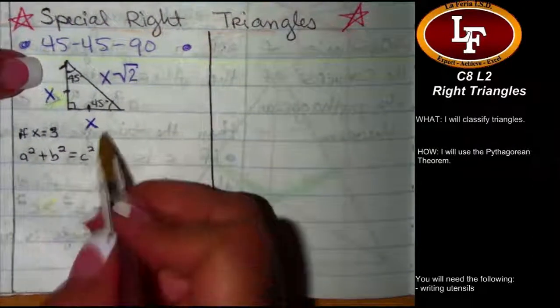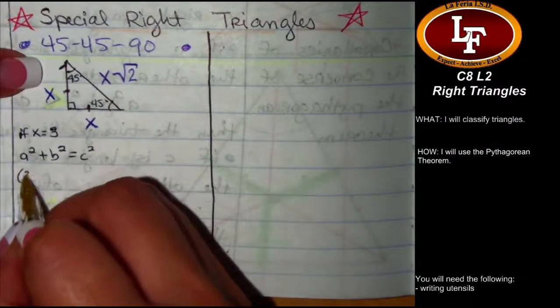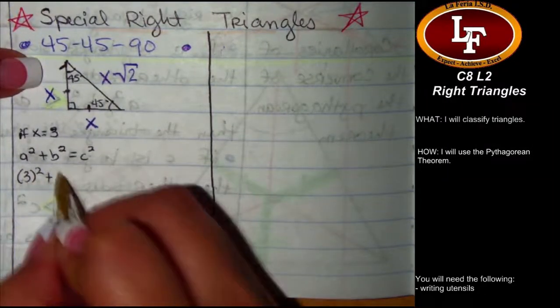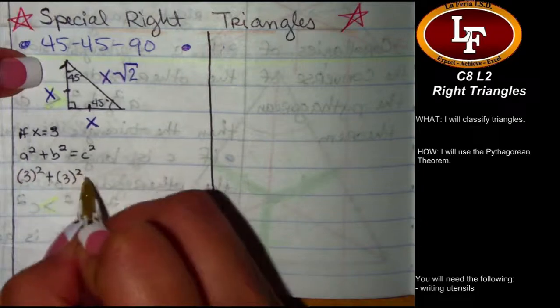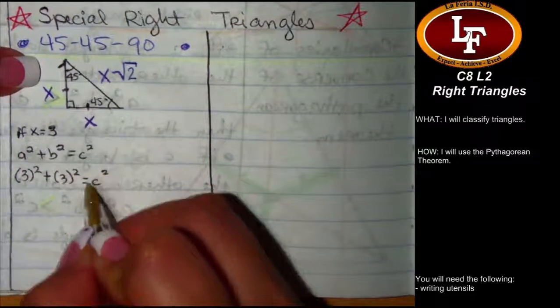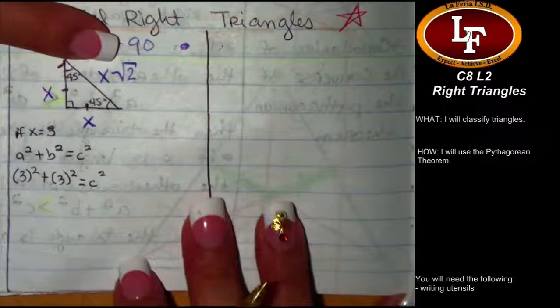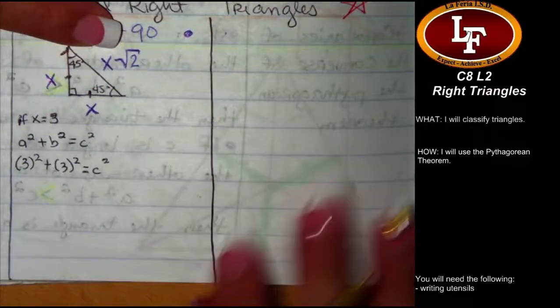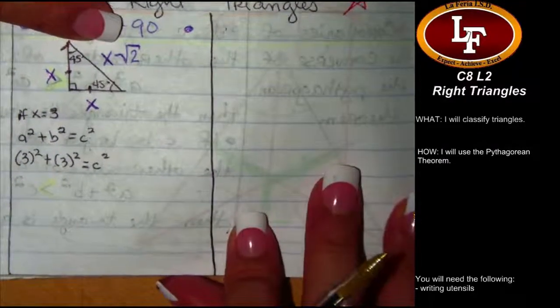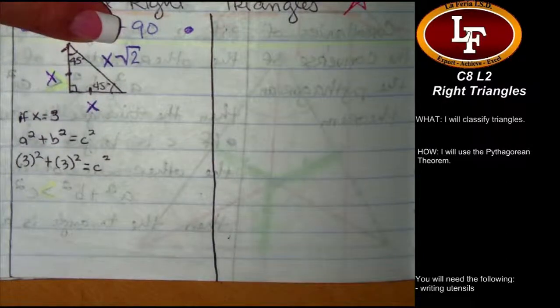A and b are my legs, so we're going to have 3 squared plus 3 squared, and that's going to equal c squared. I'm leaving it as c squared because what I'm looking for is a pattern. When I'm done, I want my answer for c to be 3 times the square root of 2. That's what I'm looking for.